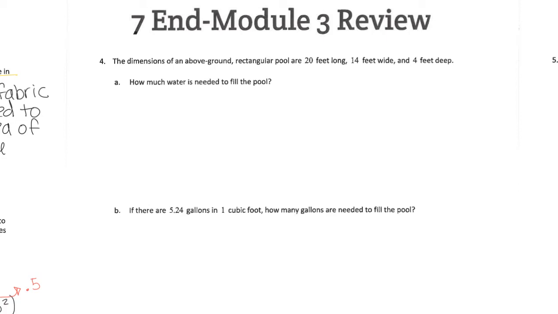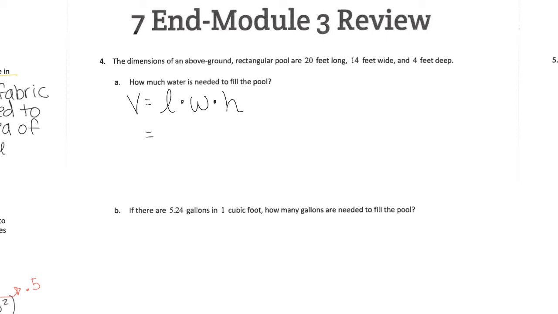So volume equals length times width times height. And this is another formula that you are going to have to memorize. So we're going to use all our dimensions from our scenario and put them into our variables.